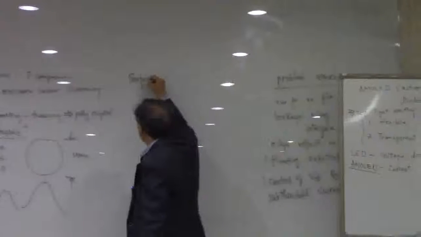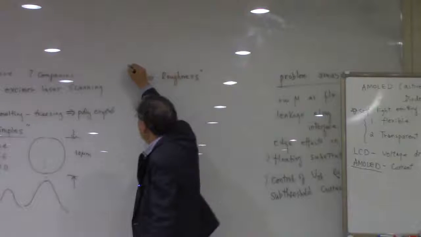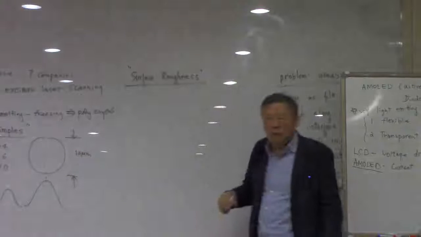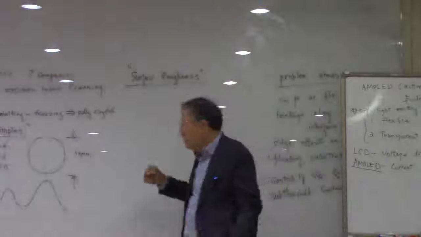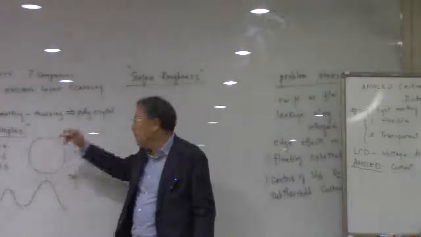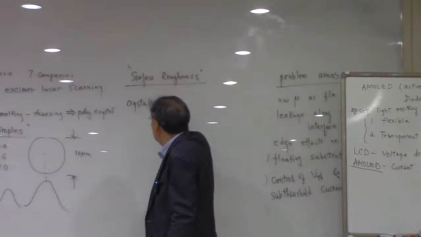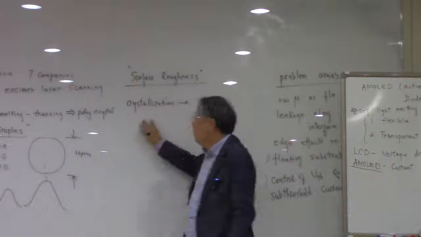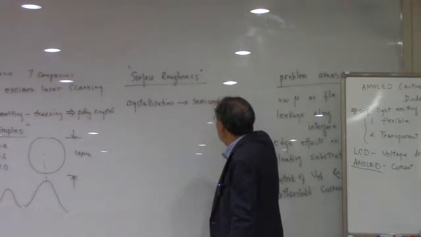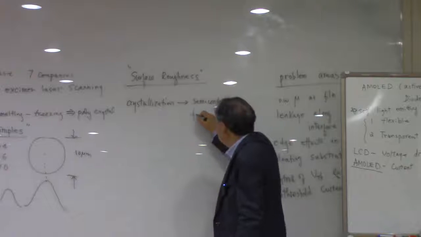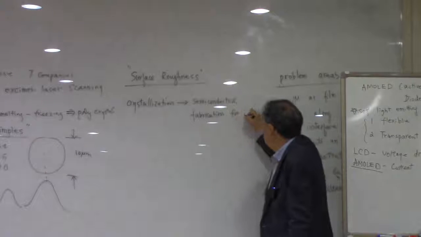Surface roughness is the main problem. You have to do some semiconductor processing after this crystallization. You have to do crystallization, and then you have to do some semiconductor fabrication for the TFT, right?